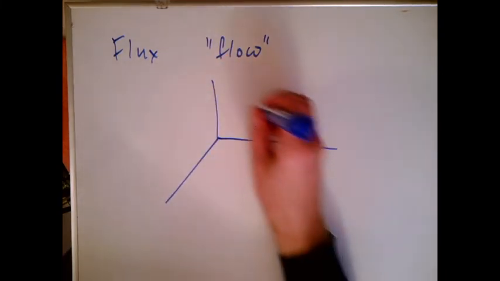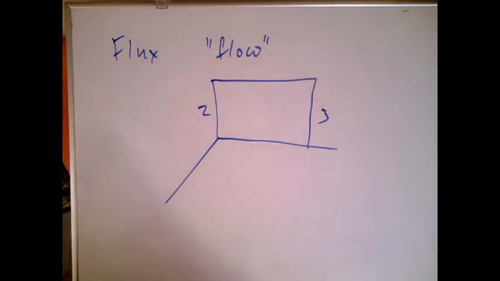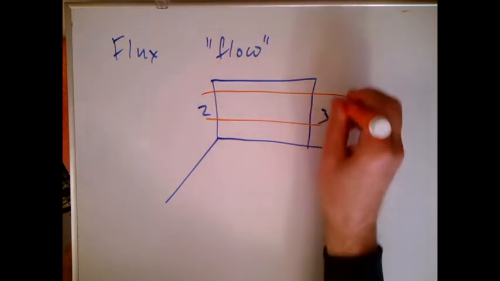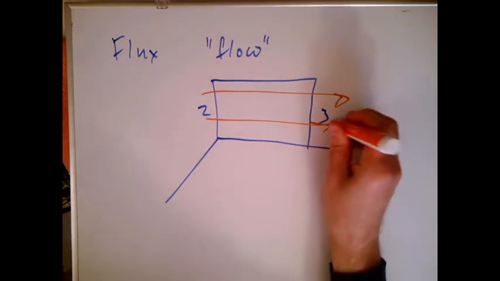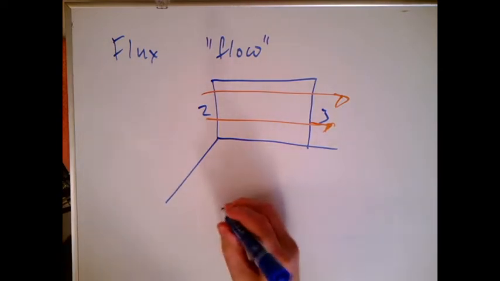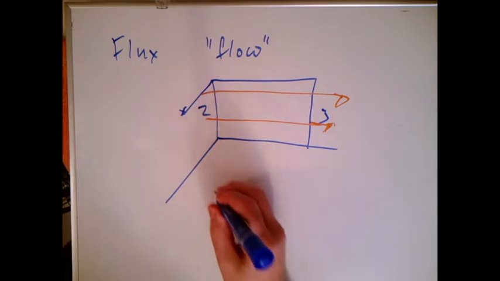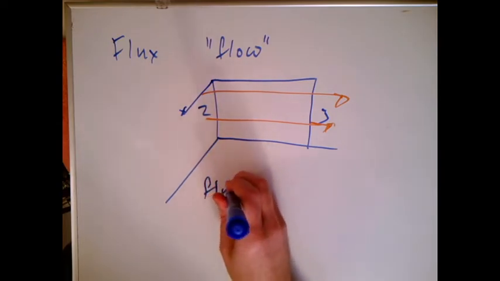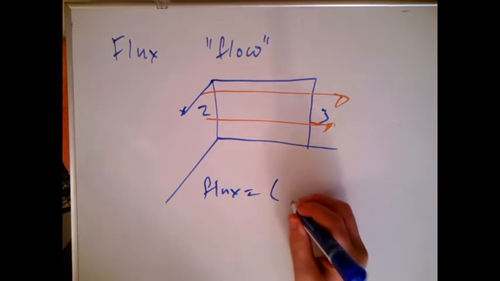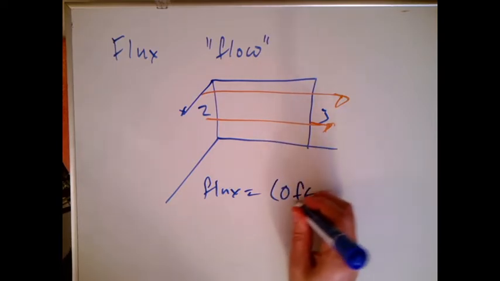So if I have exactly the same region again, this is still 2, this is still 3. What happens if the water is now just sitting in the YZ plane, never entering the room, never leaving the room? Then because we designated positive as entering the room, the flux would be the velocity of the water entering the room, which would be 0 feet per second.